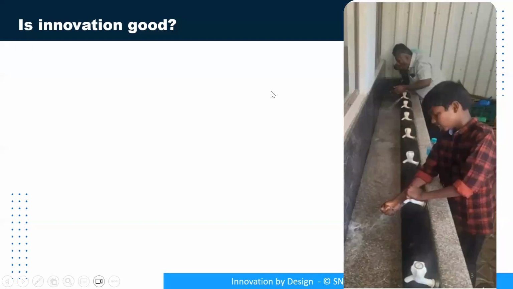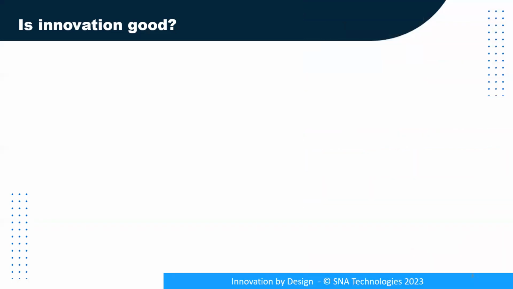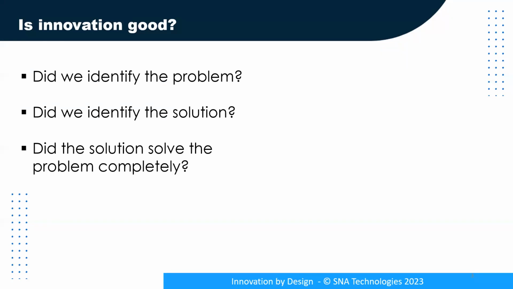There are many other aspects to this problem, like usability and ease of use. There are many other things you have to look at when identifying a problem. In this case, did we identify the problem? Probably yes. Did we identify the solution? Probably yes.